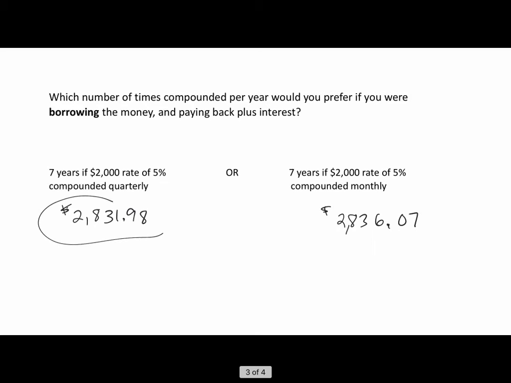You would rather pay back the lower amount, right? And remember, the only difference between these two amounts is how many times the interest was compounded. So quarterly, it was compounded less, so the interest was accumulated less than if it were done monthly. However, if you were the one lending the money to someone else, of course, you would rather they pay you back more interest. So it depends on which side of the loan you're on.